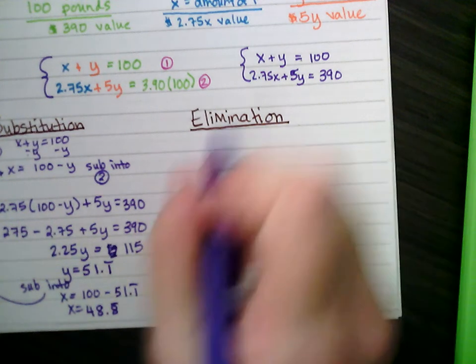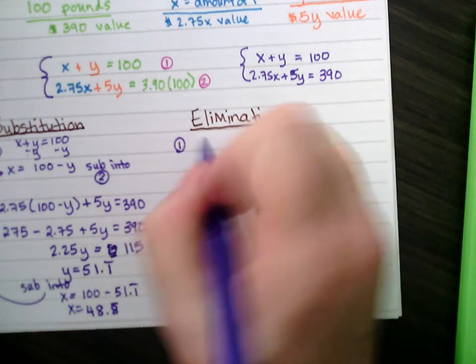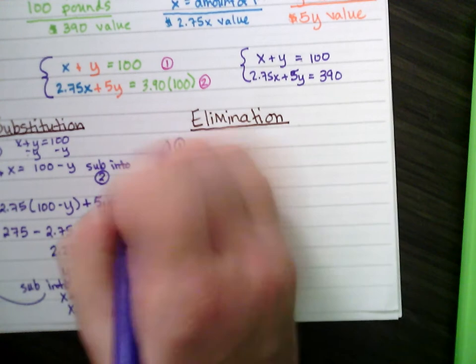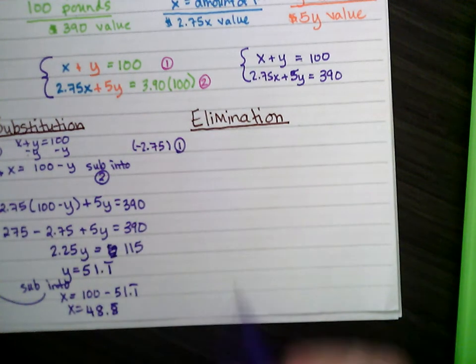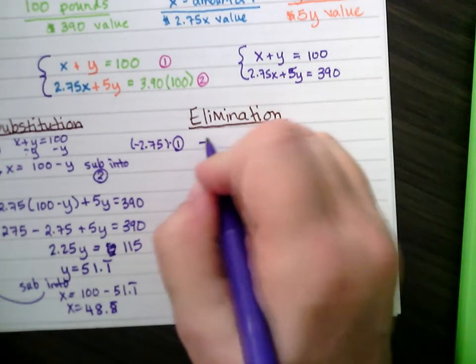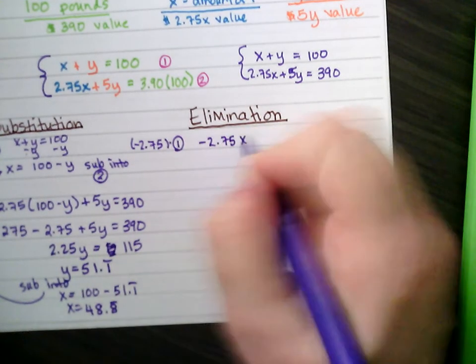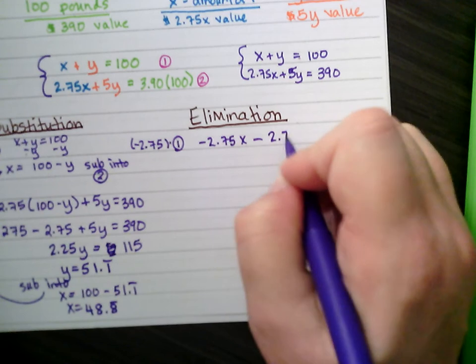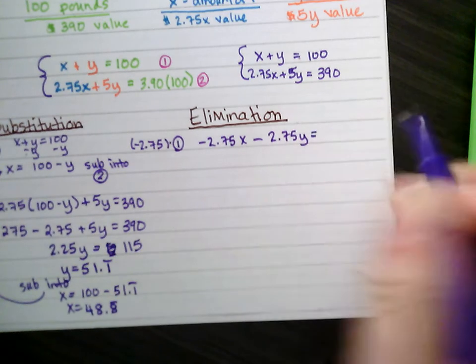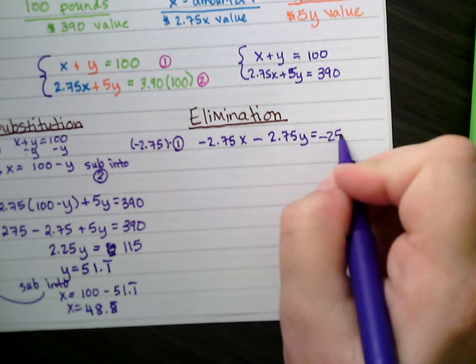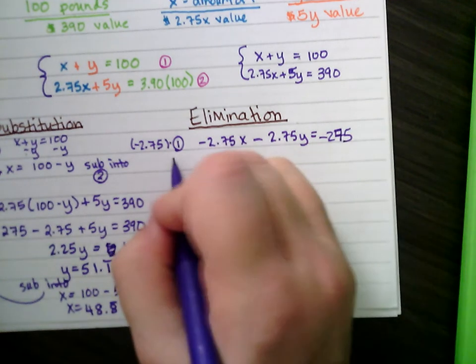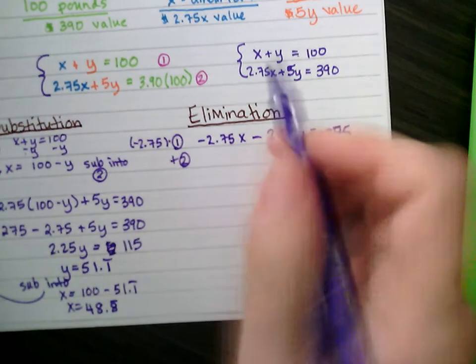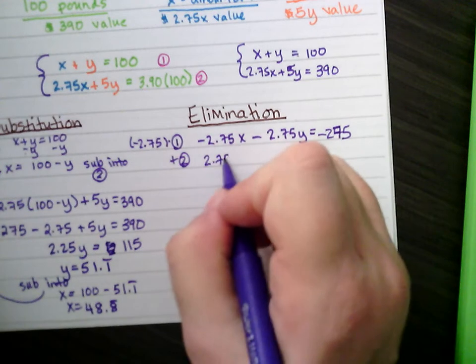So if I take equation number 1 and I multiply it by negative 2.75, then that's going to give me negative 2.75x minus 2.75y equals negative 275.